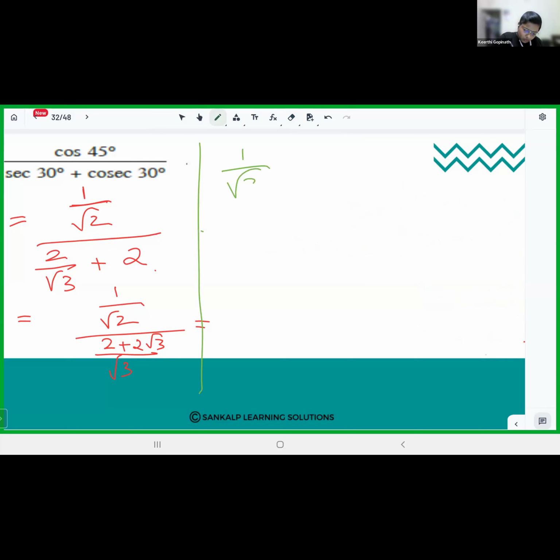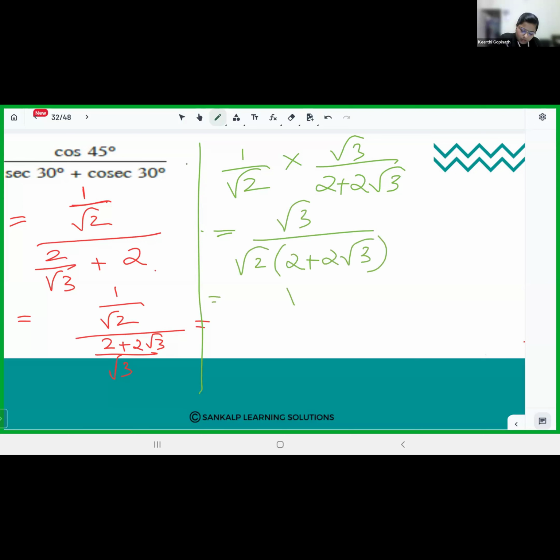1 by root 2 into root 3 by 2 plus 2 root 3. Okay. So that is equal to, you can write this as 1 into root 3 is root 3 and root 2 into 2 plus 2 root 3. All right.